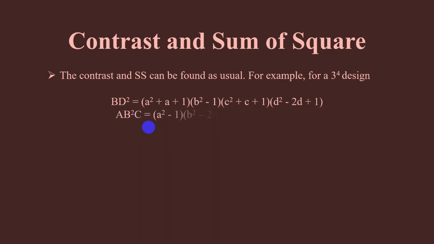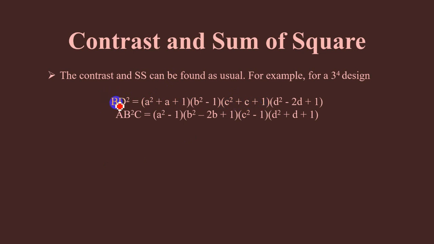Let us take another example, AB square C, the contrast for which is (a square minus 1), (b square minus 2b plus 1), and (c square minus 1) into (d square plus d plus 1). If you notice, in BD square, factors a and c are absent. So the term corresponding to a is a square plus a plus 1. Similarly, for c, it is c square plus c plus 1.